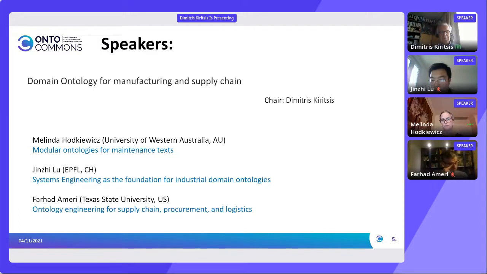Also in 2016, she was awarded the MESA Medal, a Lifetime Achievement Award for services to asset management in Australia. And in 2019, she was made a Fellow of the Australian Academy of Technology and Engineering. Since 2018, Melinda has been involved in the Industrial Ontology Foundry, and there she coordinates the working group on maintenance. So Melinda, I will stop sharing, and I invite you to share your screen and talk. Thank you.